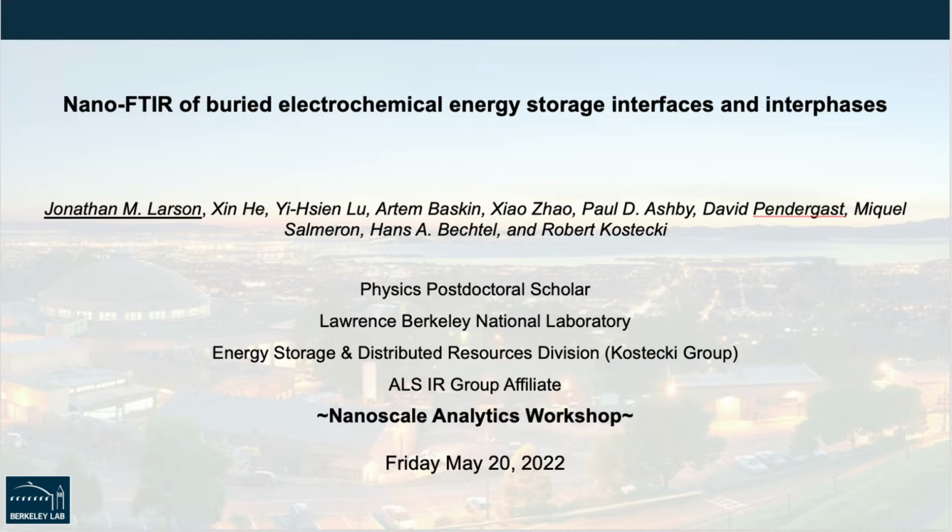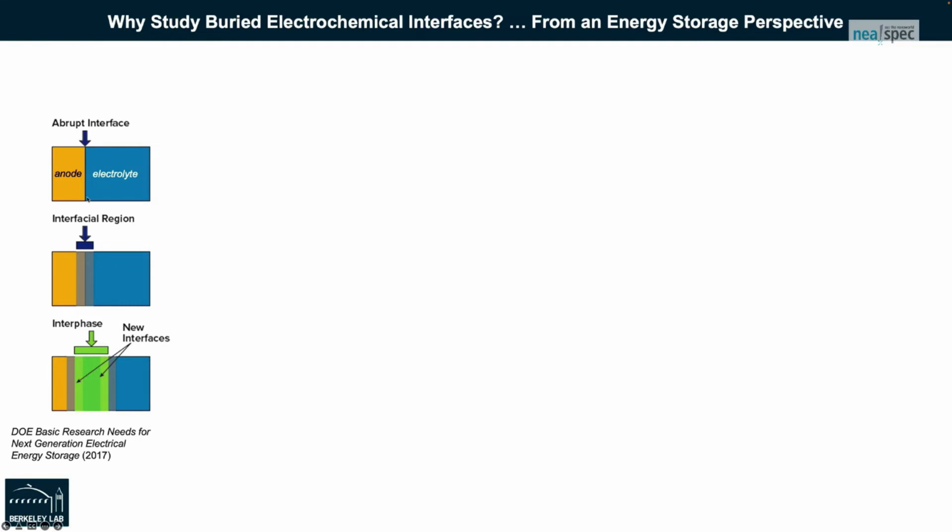Today I'm going to be speaking with you about Nano-FTIR of buried electrochemical energy storage interfaces and interphases. Starting right off the bat, I'd like to splash up a quick schematic of an anode-electrolyte interface that would be common in a lithium-ion battery.